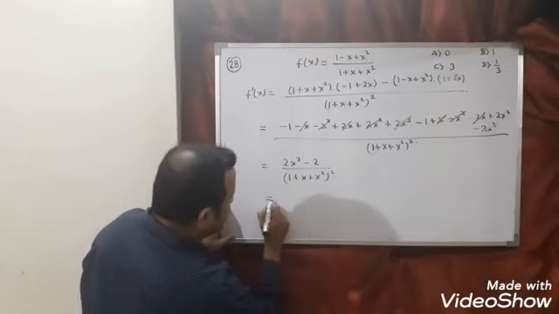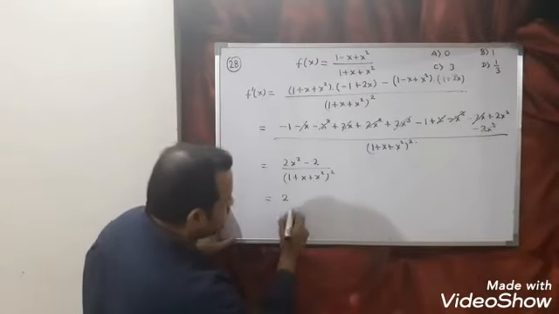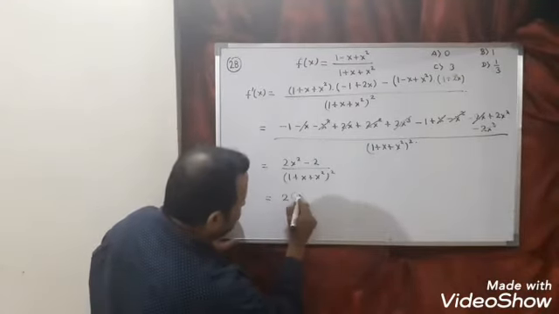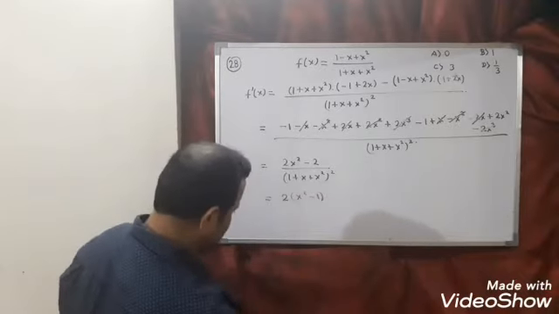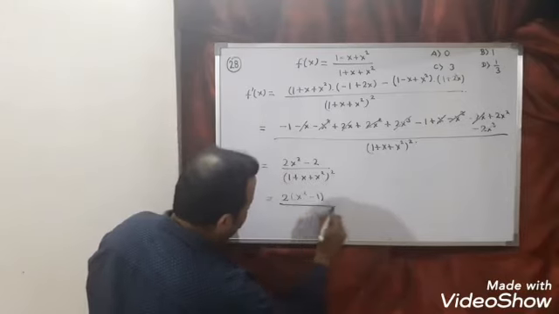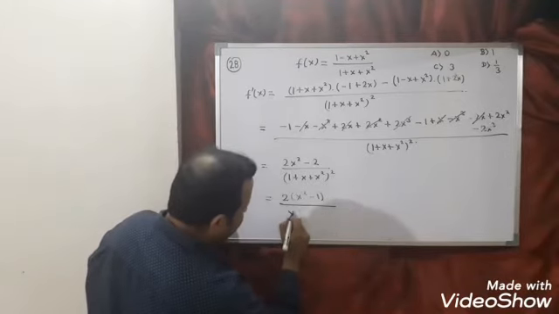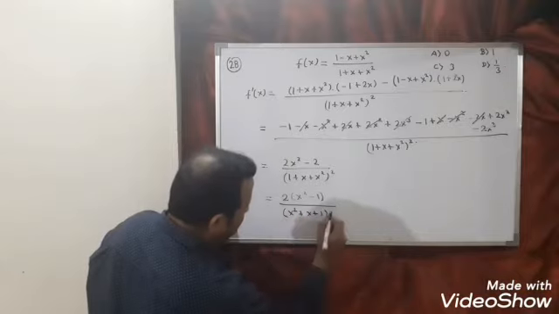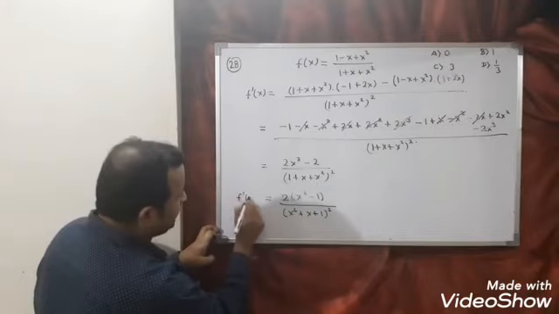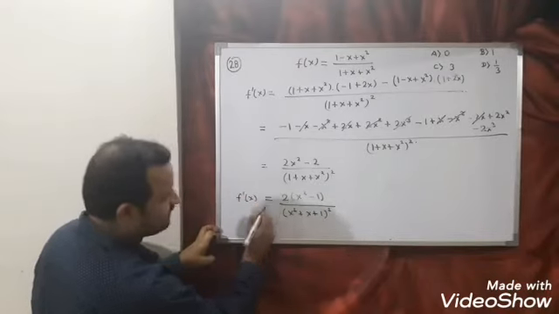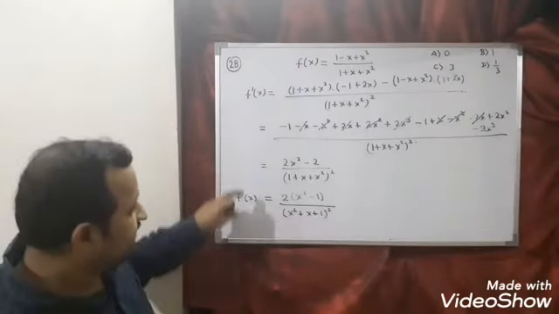Or we can take 2 common. When you take 2 common, what will you get? You will get x square minus 1, divided by x square plus x plus 1 whole square. So this is f dash x.